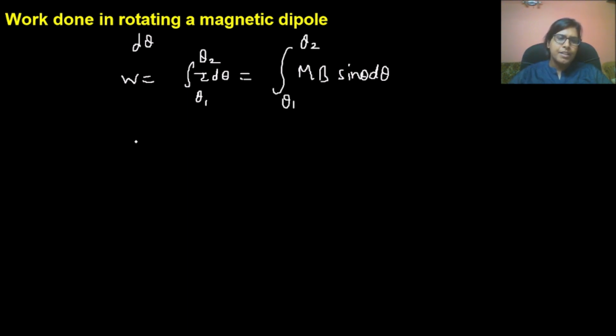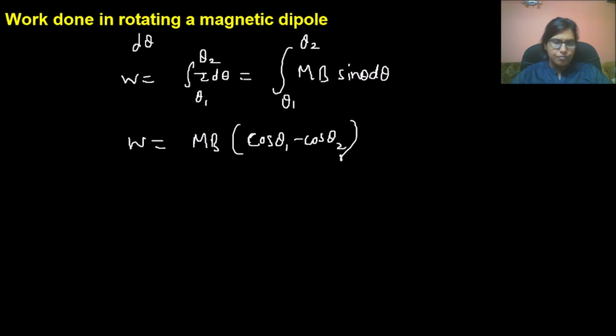Integration of sin theta is minus cos theta, so the work done will be M into B into minus cos theta, or we can write cos theta 1 minus cos theta 2, right? So this will be the work done.